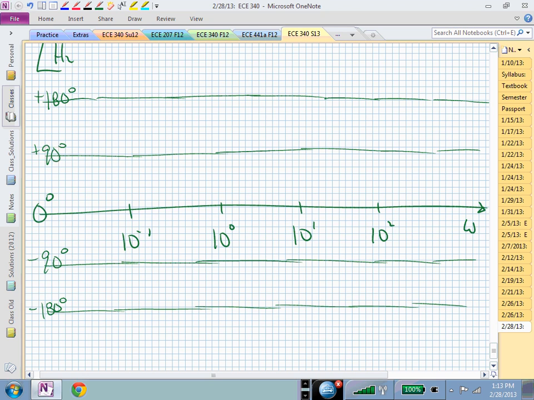Now, where would I put the phase response or the phase behavior of one pole at the origin? How would I sketch one pole at the origin's phase? I have one pole, and I want to sketch its phase. So what points do I want to try to find or identify?